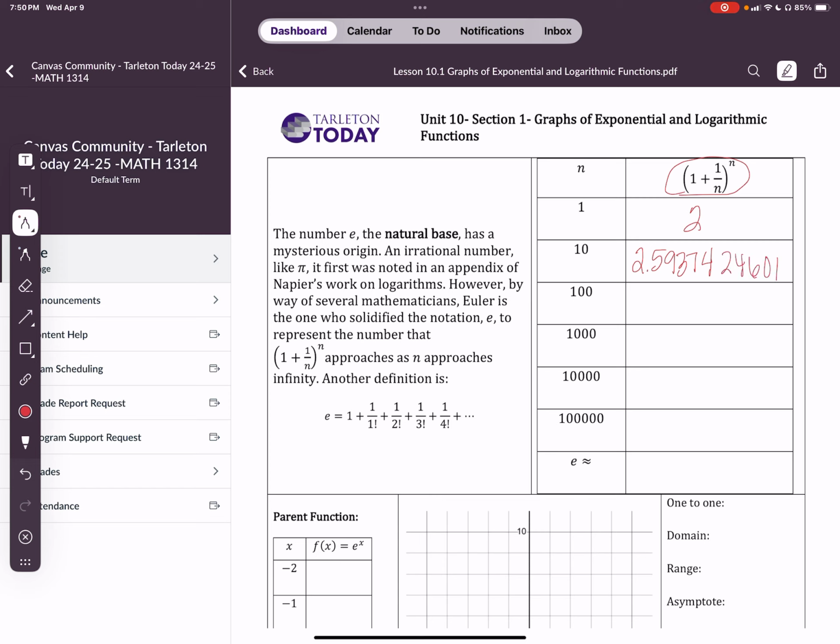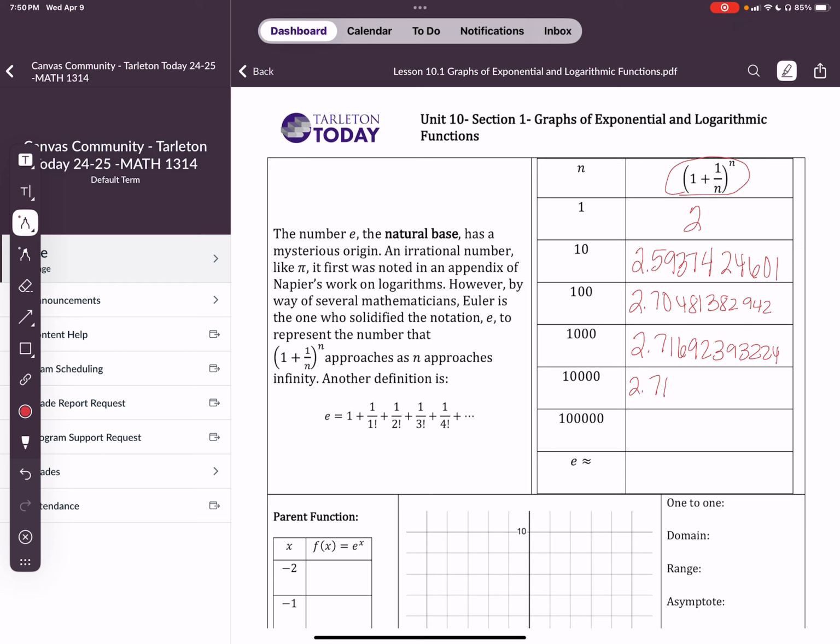If we plugged in 100 for n, we would get 2.70481 382942. For 1,000, we would get 2.71692 393224. And I'm just going to keep writing these, okay?